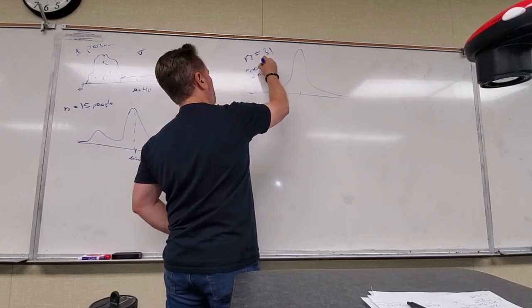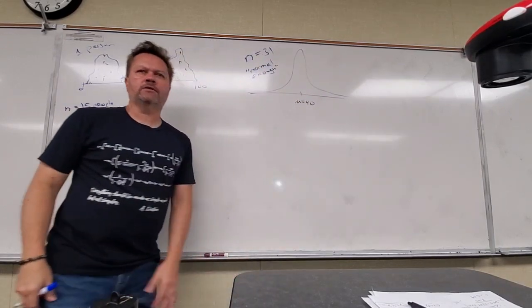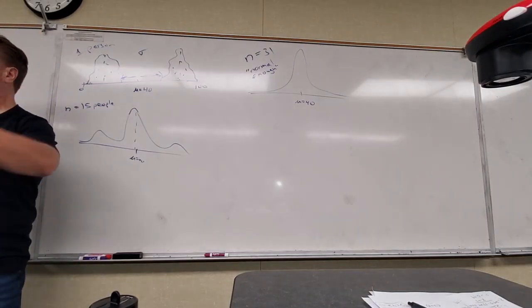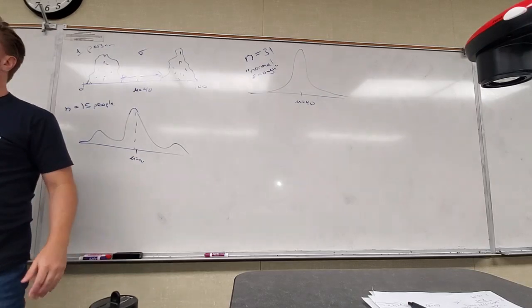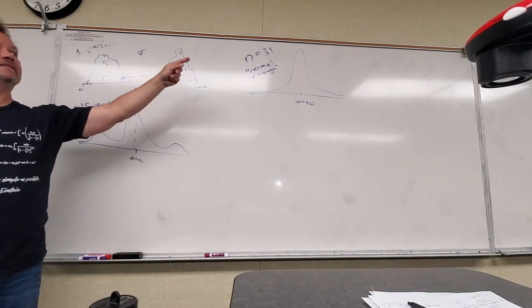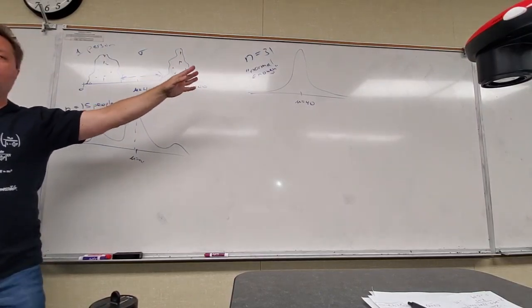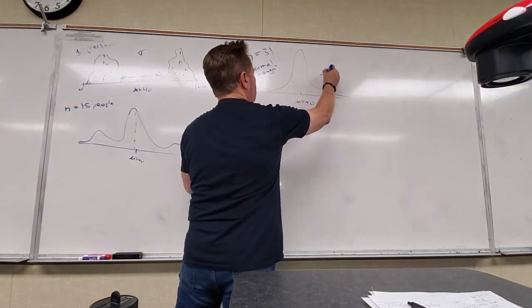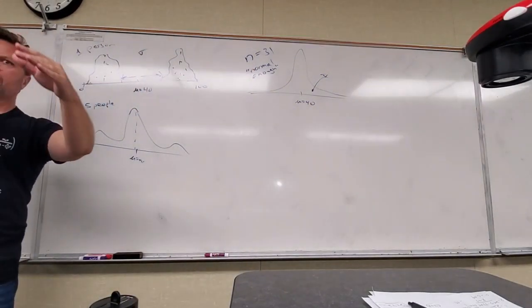Normal enough for what, Jeff? Well, do we have a chart of answers that only works when I have a normal curve? Yeah, I gave you a chart of all the answers. But you can only use it if you know it's a normal curve. So if I take a sample and the sample size is more than 30, and I ask about sample means, then I know that it's a normal distribution.